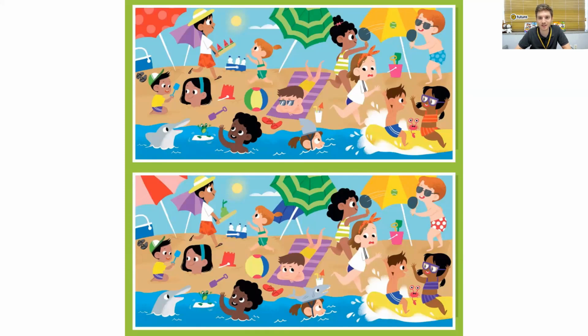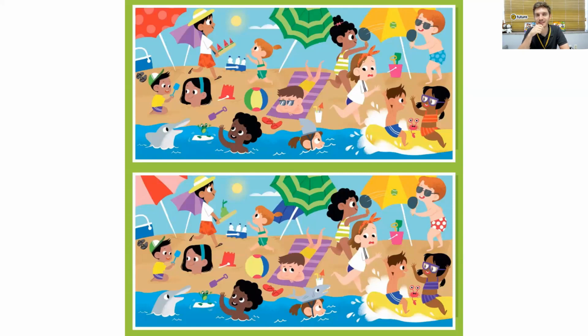Okay, sunglasses, what do you see? Sunglasses, the umbrella. Yes, the red umbrella is different. What do you say? The ball, oh yes, it's missing a green stripe. The shark hat, yes, is different.